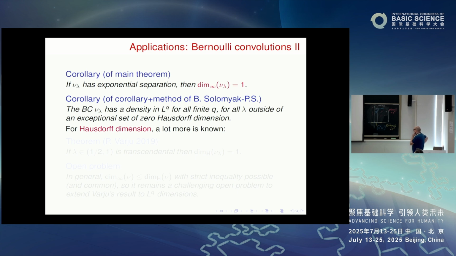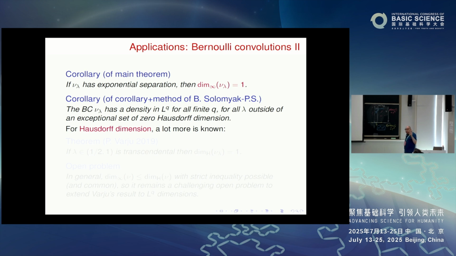Okay, and then I come back to what I mentioned before, that once we have full Frostman exponent, we can say something about density, a corollary of the corollary, using an idea that I introduced and then refined together with Boris Solomyak. So a double corollary is that nu lambda is absolutely continuous with an LQ density for every finite q, outside of a set of exceptions of 0 Hausdorff dimension.